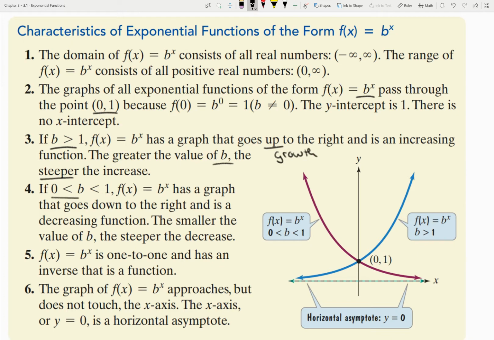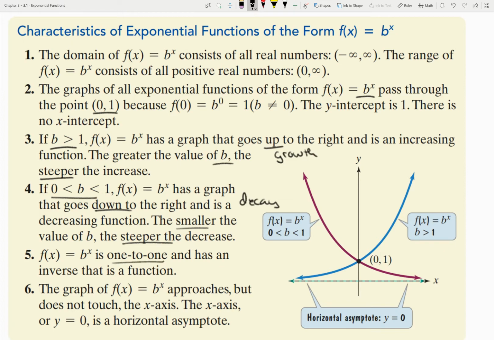Okay? If the base is between 0 and 1, remember the base can never be negative, the graph goes down to the right, and it's called exponential decay. The smaller the b, the steeper the decrease. Okay? The closer it is to 1, the flatter it is.